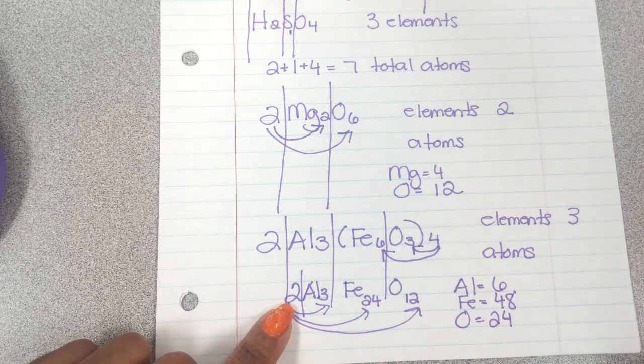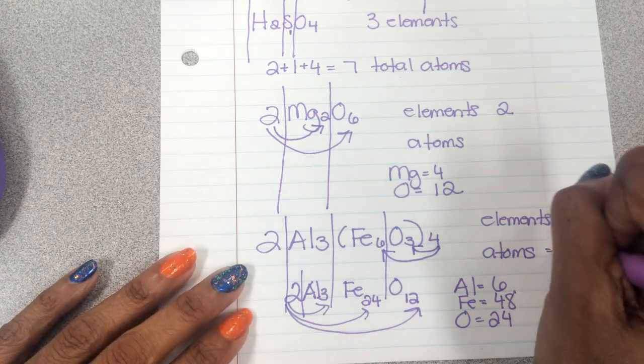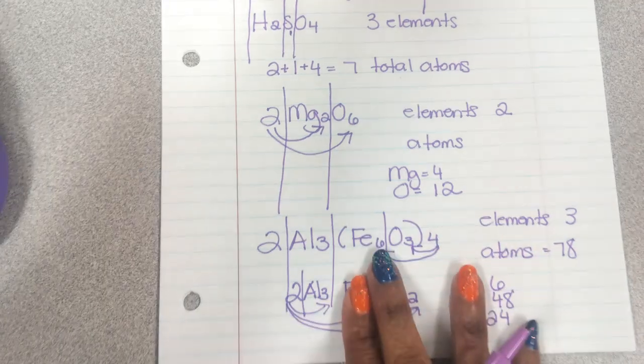And then I would add all of that up together, and we wouldn't give you anything this big. I just kind of picked some numbers. My total atoms would be 78. Like I said, we would never give you anything this big, ladies and gentlemen, but I was just picking numbers there. Okay? All right, last thing I need to go over is the law of conservation of mass.